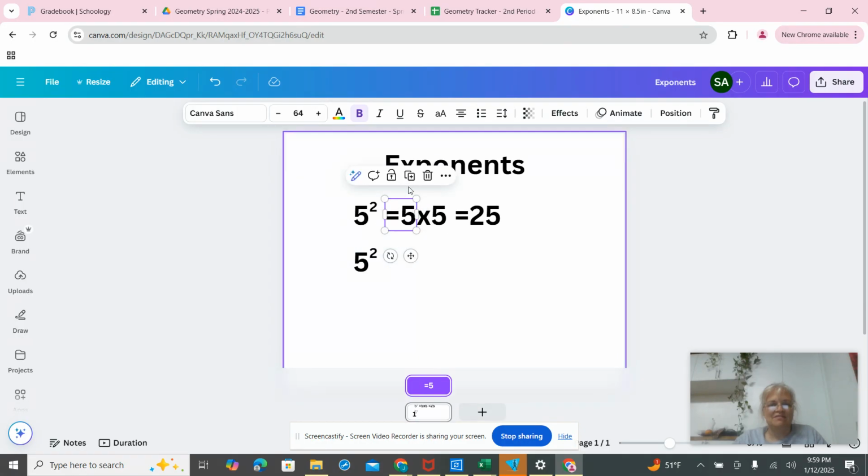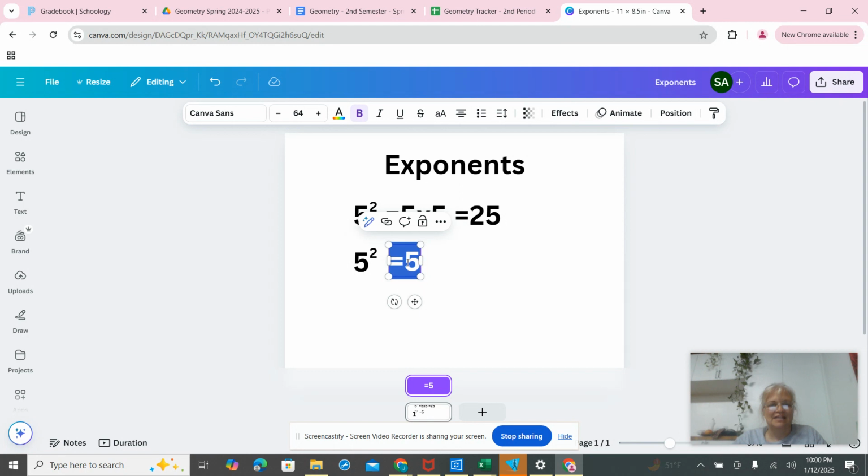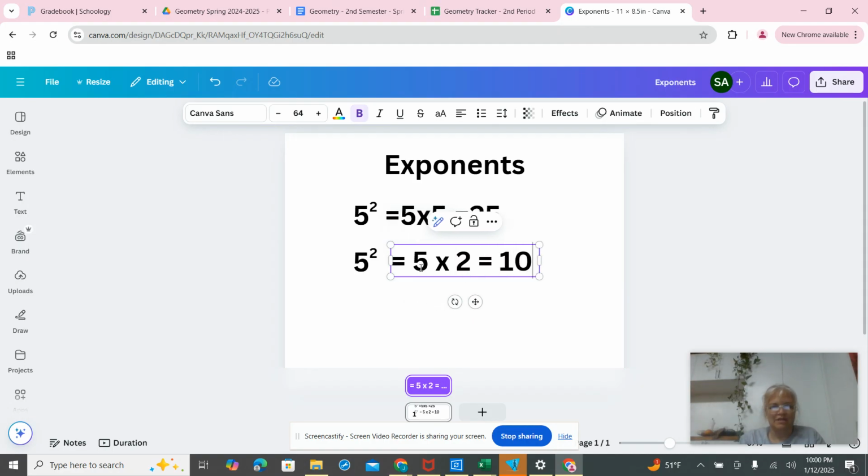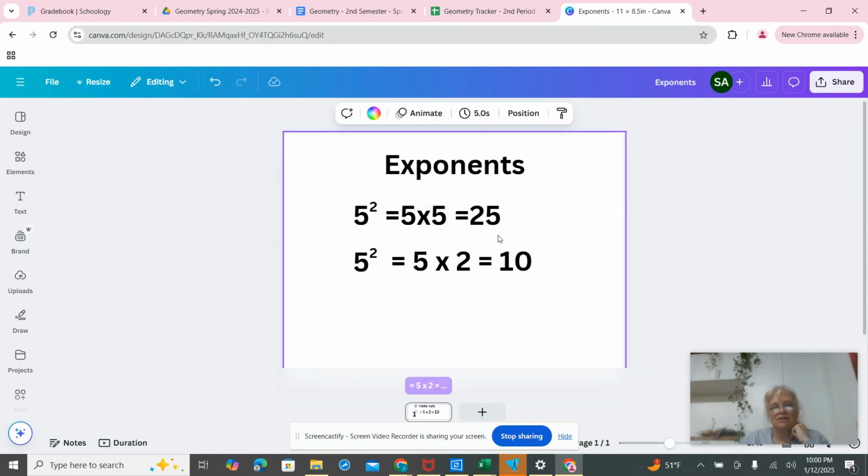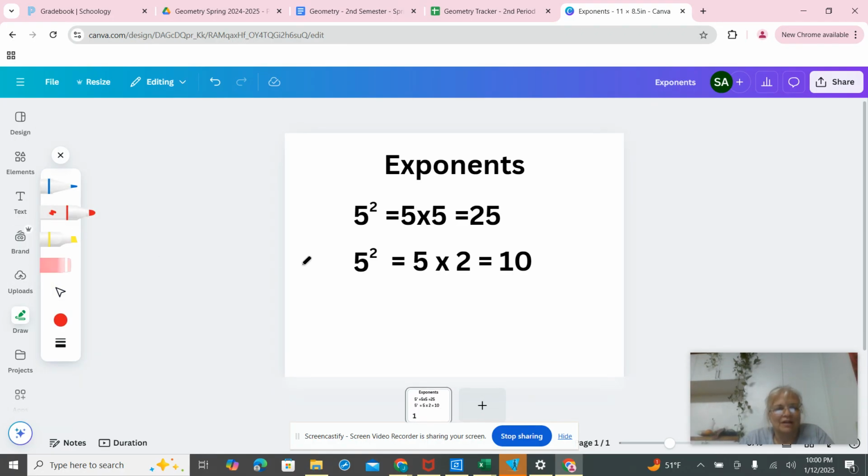And when they have to figure out what it equals, they see the 5 and they see the 2 and they think to themselves, oh, that equals 5 times 2, right? 5 times 2, which we know is 10. And so instead of getting 5 squared equals 25 like we have up above, they'll say 5 squared equals 10. Most common mistake that people make.